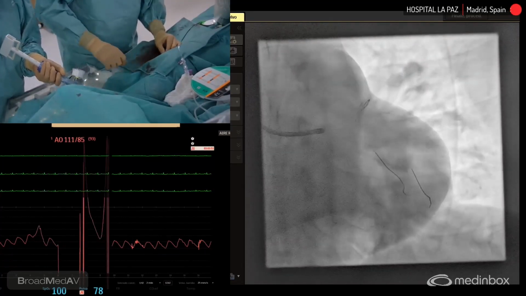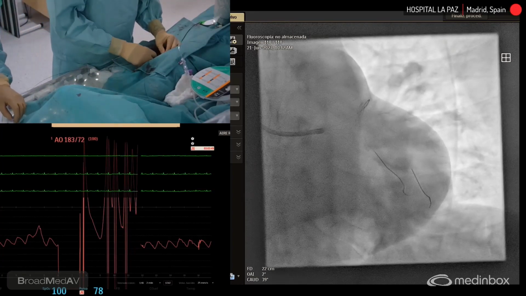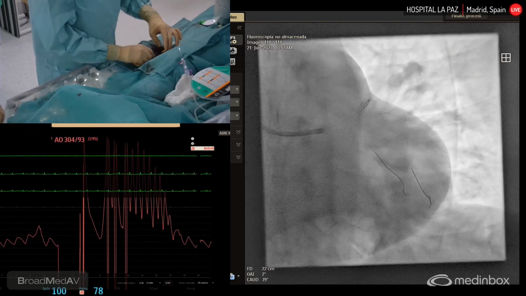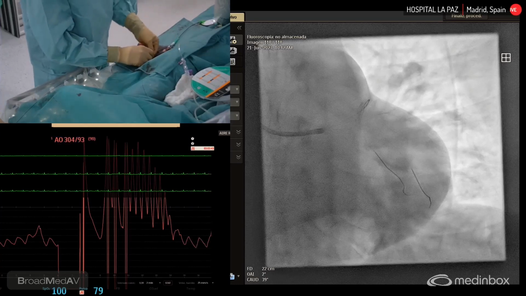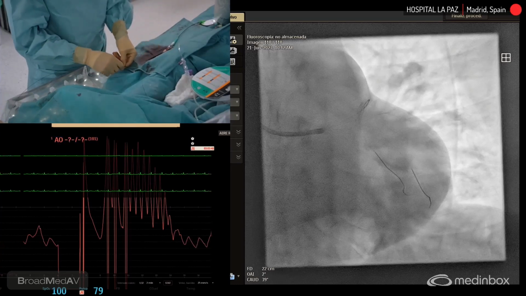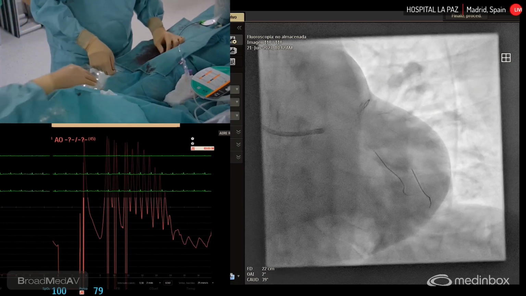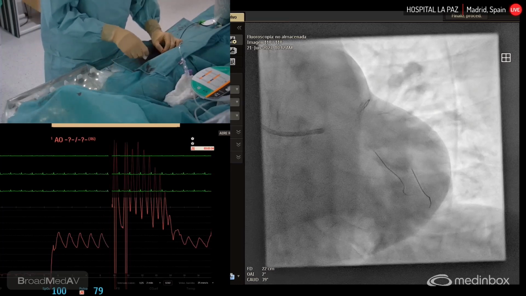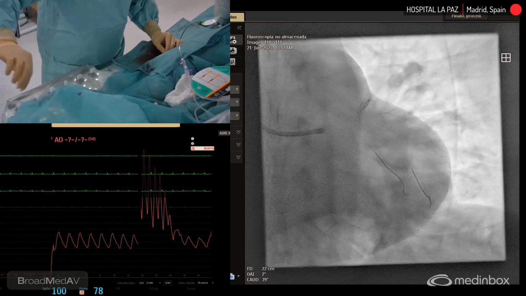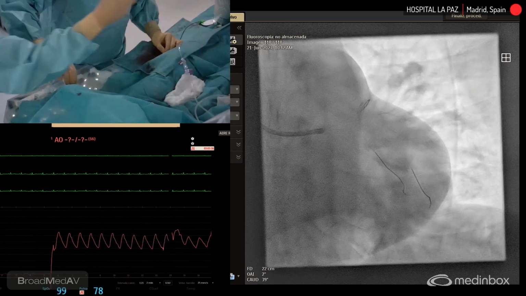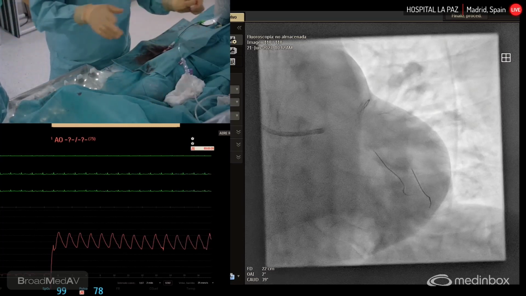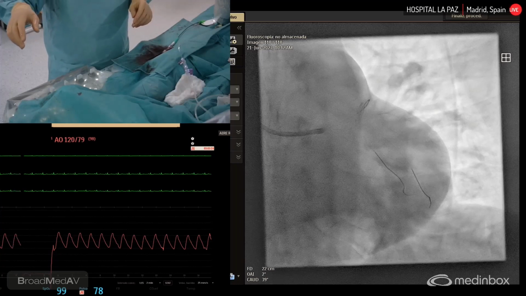Look at the spasm. It's amazing the spasm that the patient does after crossing with the devices. So we are treating this. We are putting nitroglycerin and measuring again the ostial part. Dame nitro, por favor.